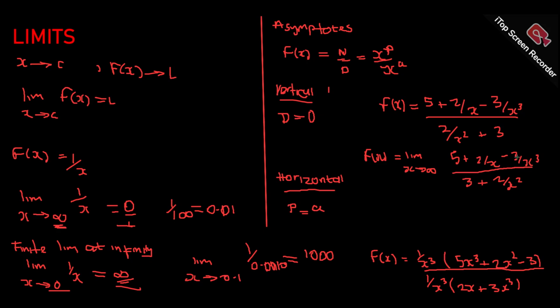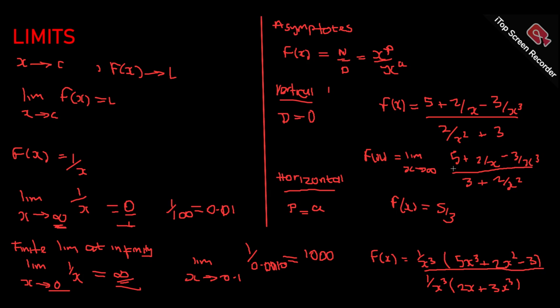So this one is 0, even this one is 0, even this one is 0. So the final answer is just going to be 5 over 3. Now, when it's a multiple choice question, there's no need of doing all these calculations.